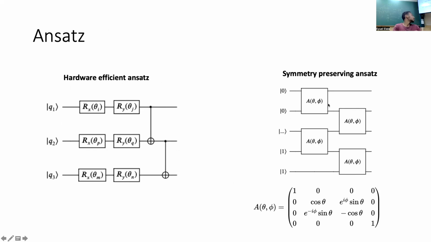It preserves the number of ones and zeros in the given state, so it's not exploring the whole Hilbert space. So it has a limited number of parameters, which is one of its advantages. And this kind of ansatz also creates a way for some error mitigation techniques.